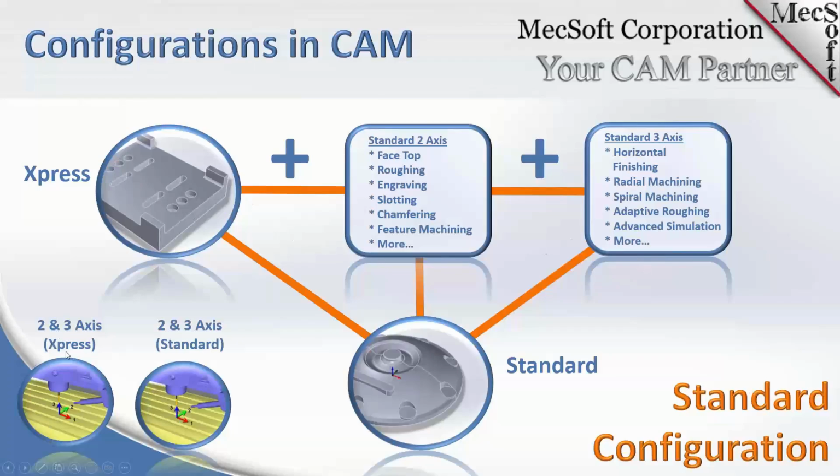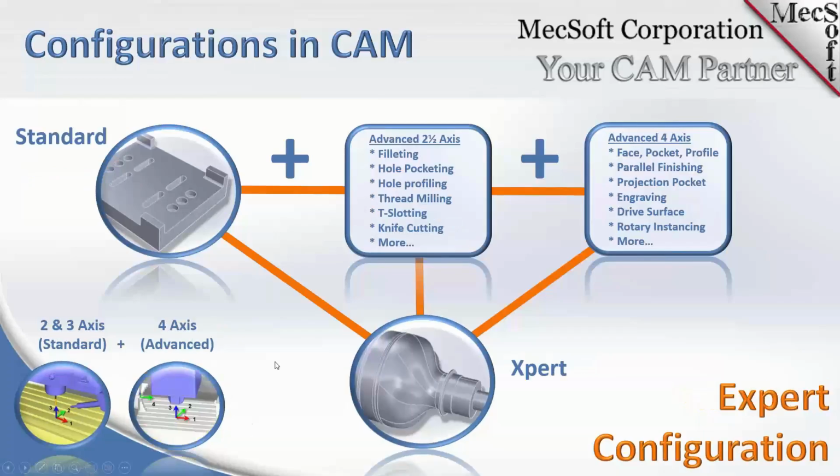Okay, so this is standard. In standard, you get Express, and then you get some additional 2-axis and 3-axis features. So let's move up. We just upgraded to 4-axis Expert. In the Expert configuration, you have everything that was in the standard and the basic that we just talked about. The type of parts, primarily what you get in Expert is 4-axis machining.